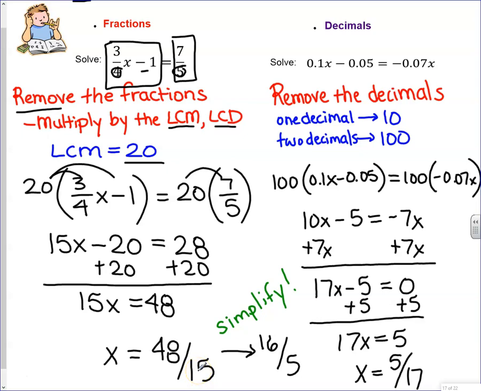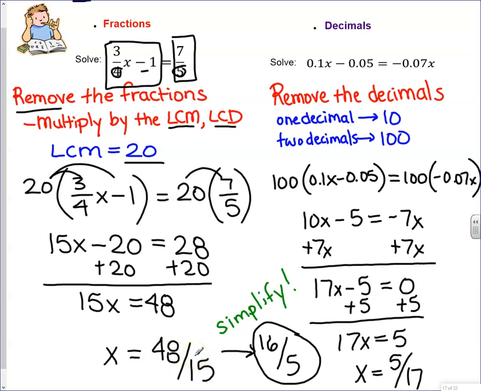But then usually we want that as a simple fraction. We want it simplified. So the final answer you would put into your homework as your solution would be 16/5 if they ask for it as a simplified fraction. You can do that in the calculator by just putting in 48 divided by 15.